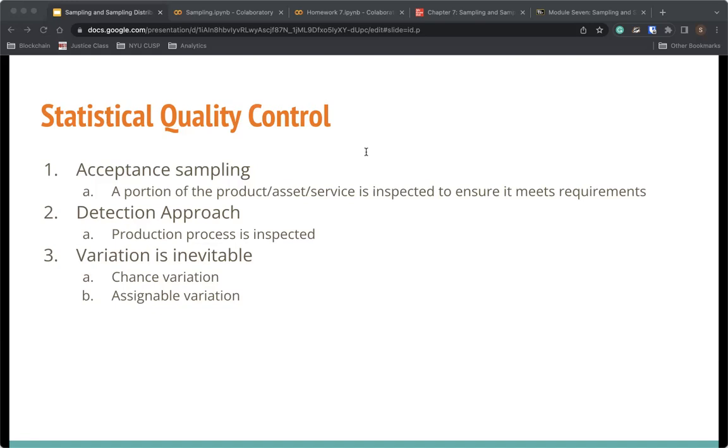And the goal of this detection approach is to determine whether the production process should be adjusted or continued before a large number of defects are produced. So think also not just applications of production in a production line, where this could apply to a lot of different things like services and technology sector.